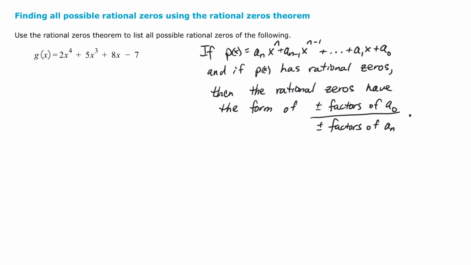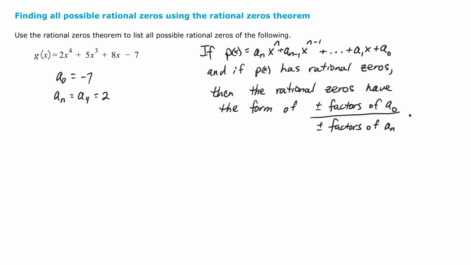Let's apply the rational roots theorem to our g of x polynomial. The first thing we're going to do is look at a sub 0. A sub 0 is actually negative 7, and our a sub n here, in this case a sub 4 where n equals 4, is actually 2.